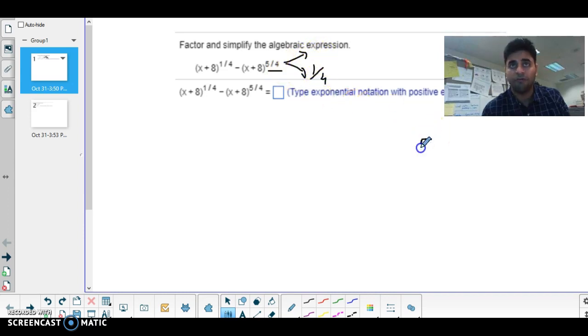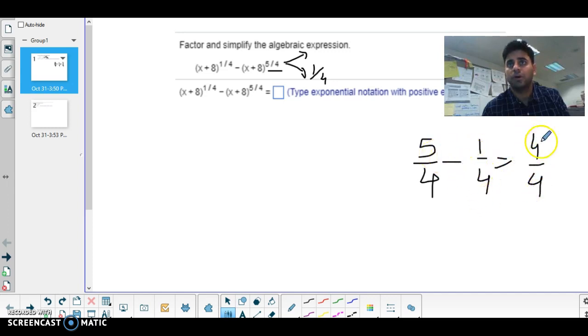So let's see. 5 by 4, I'll just take the bigger quantity, 5 by 4 minus 1 by 4. And what did I get? 4 by 4, right? 5 minus 1 is 4. 4 by 4 is 1. So if I say 1 plus 1 by 4, is that equal to 5 by 4?